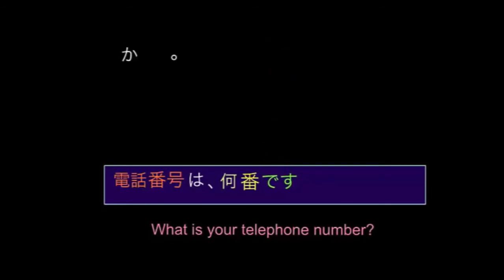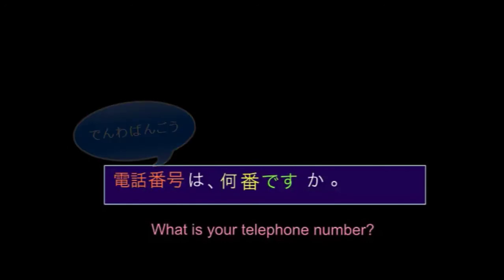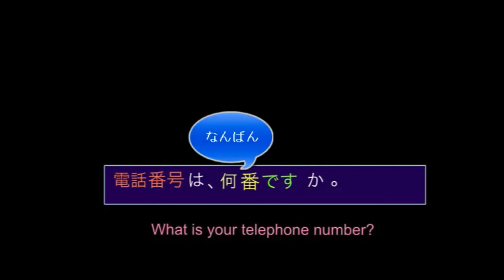Then we're going to add the question particle ka to turn desu from it is into the question, is it? And we're going to finish our sentence with maru. And there we have it from the beginning, denwa bango wa. As for the telephone number, nanban, what number, desu ka, is it?